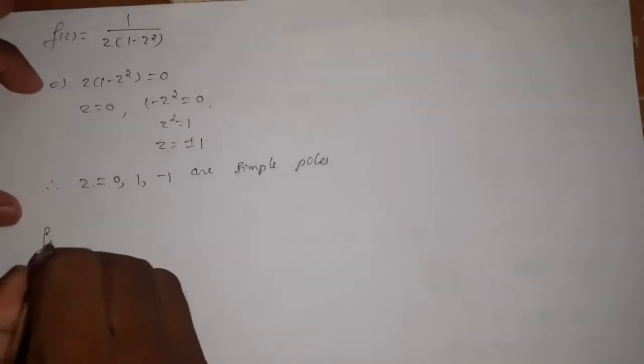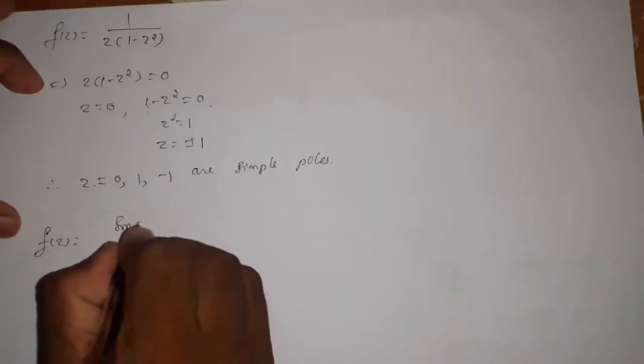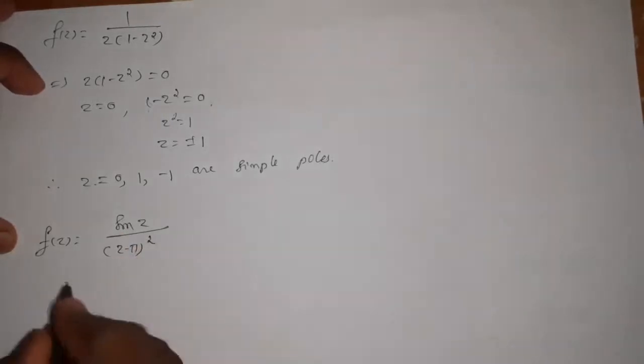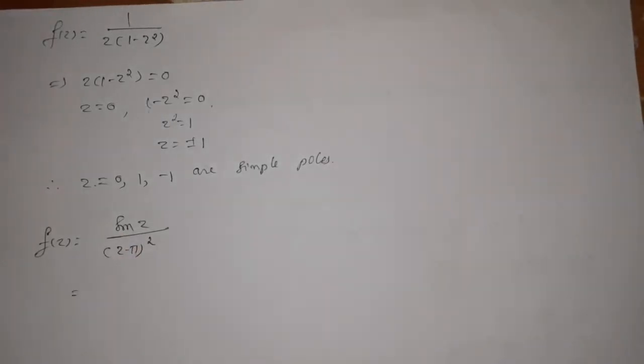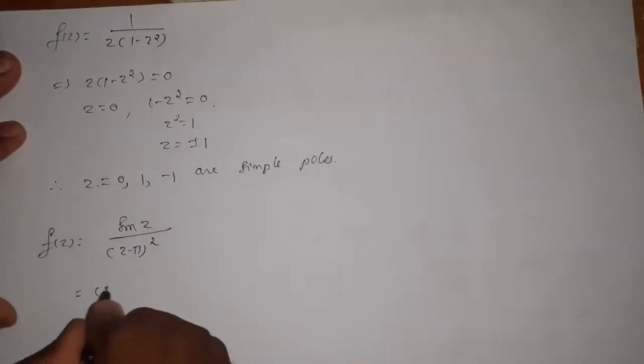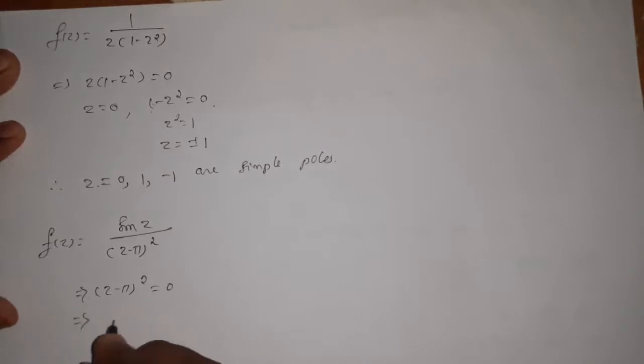The next function is f of z equal to sin z divided by z minus pi whole square. So here we equate z minus pi whole square equal to 0. So it implies z minus pi equal to 0, right? And z equal to pi.